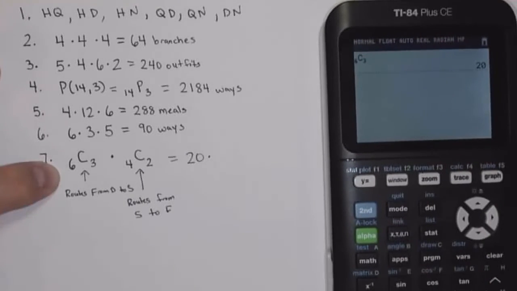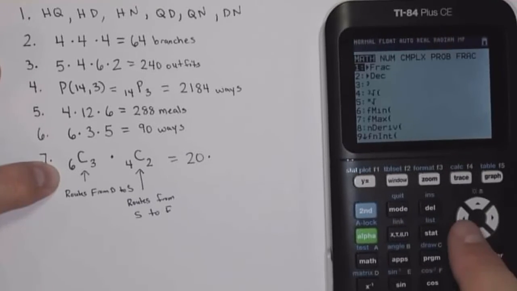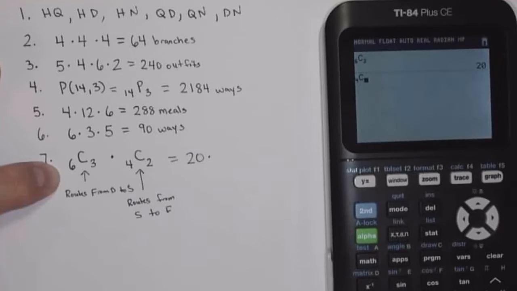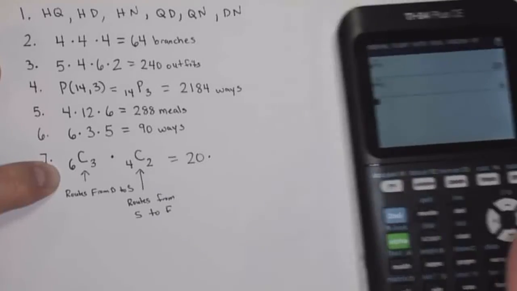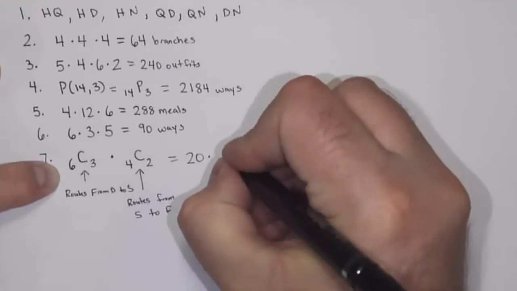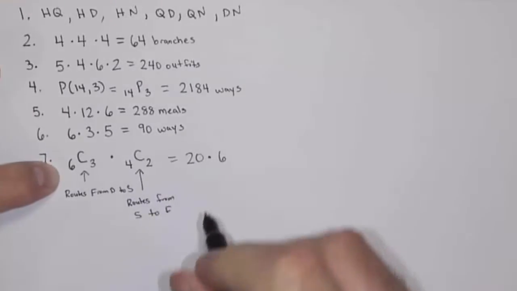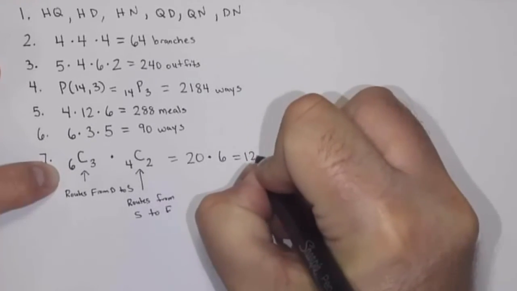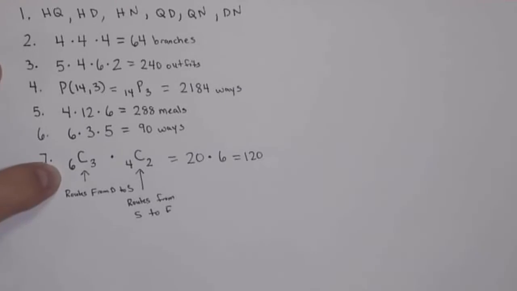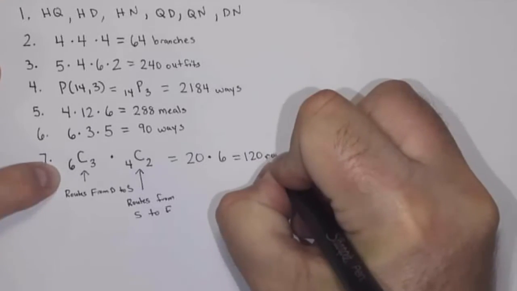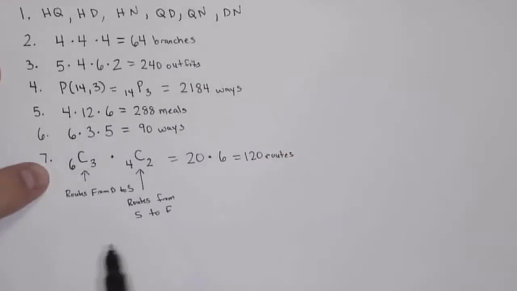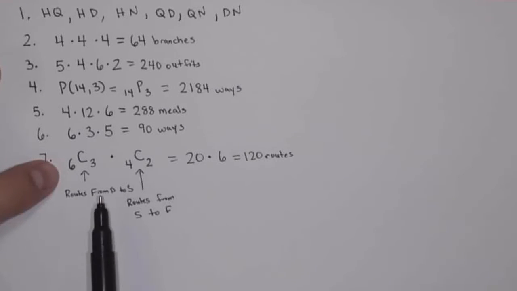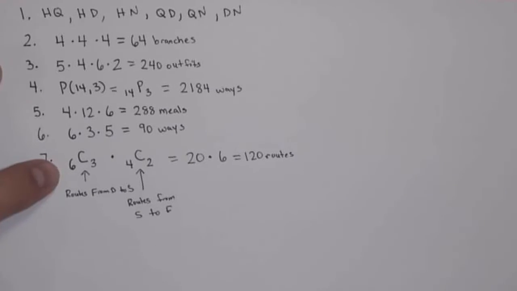In the same way, if I do 4 math, probability, combination, 2, so there are 6 routes from S to F. So this is 6. And if I multiply 20 times 6, that's 120. So there are 120 routes possible to get from D to F passing through S.